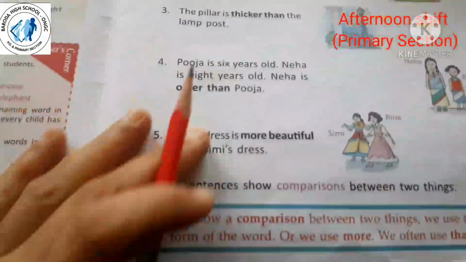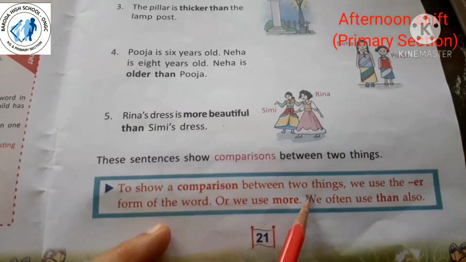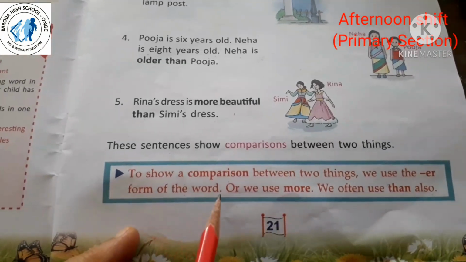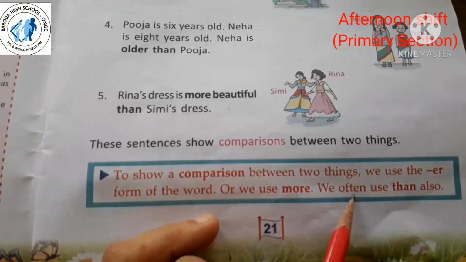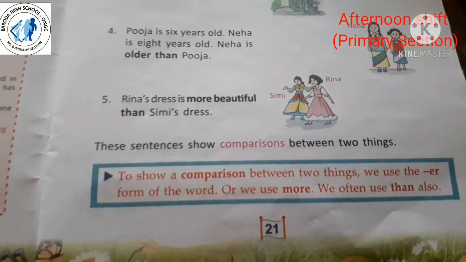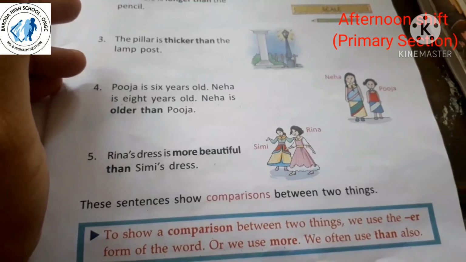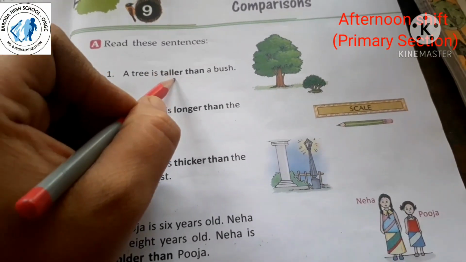But see here, to show a comparison between two things, we use the ER form of the word, or we use more. We often use than also. When we want to compare two things, at that time we use the special form which adds ER.